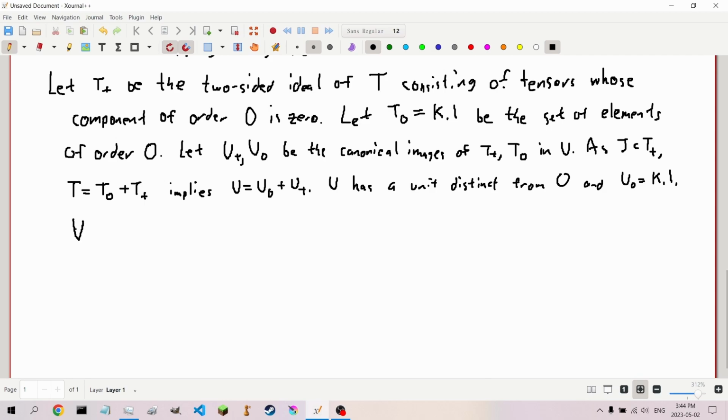And so then for all x in U, the component of x in U0 is called the constant term of x.